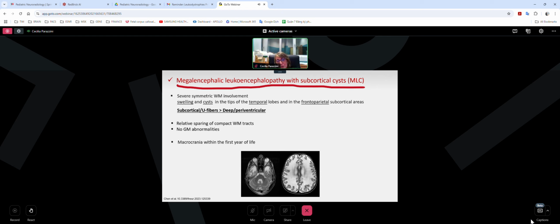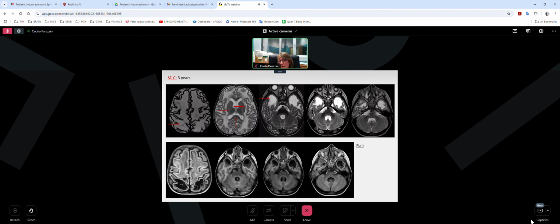Generally, no gray matter abnormalities are present. Because in this case white matter is really very edematous, we have a macrocrania very early in the course of the disease, generally within the first year of life.